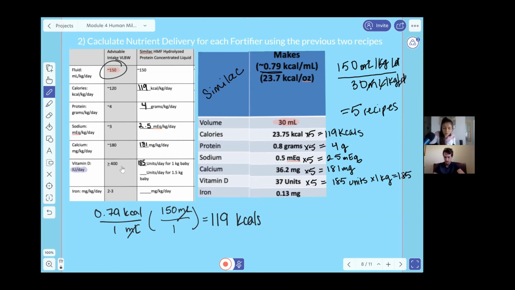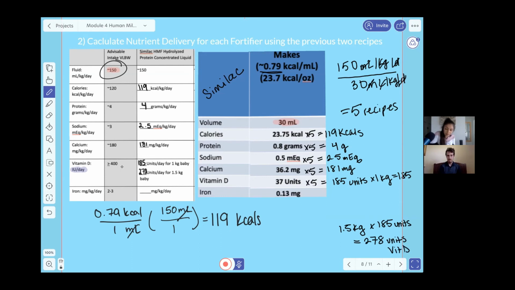So we already know we have 185 units in 5 total recipes. If we want to figure out how much vitamin D a 1.5 kilogram baby is going to get, we multiply that by our 185 units, which gives us 278 units.